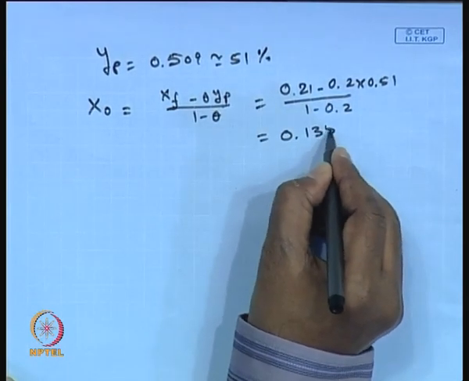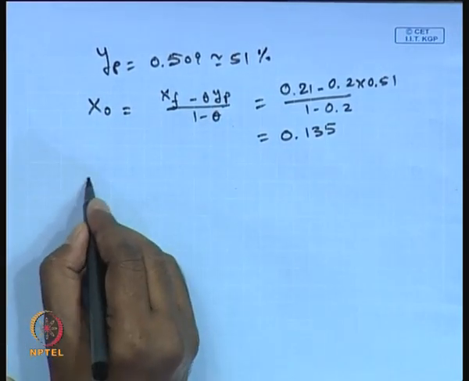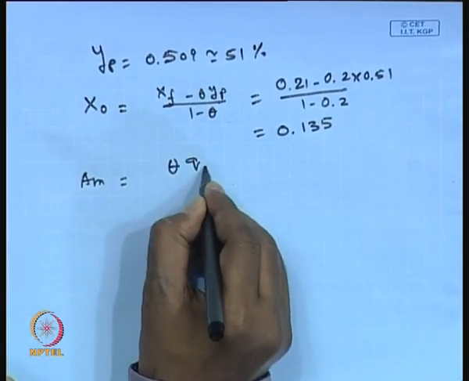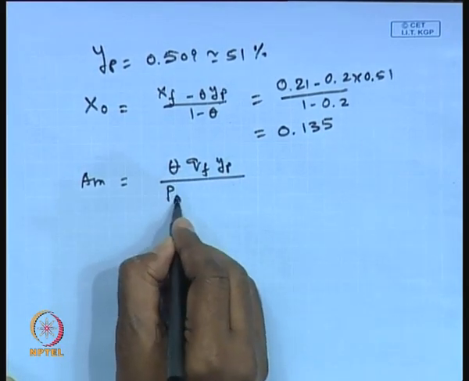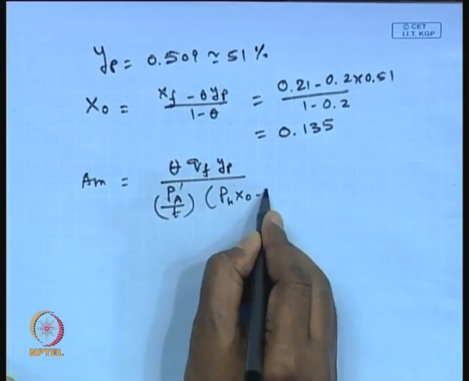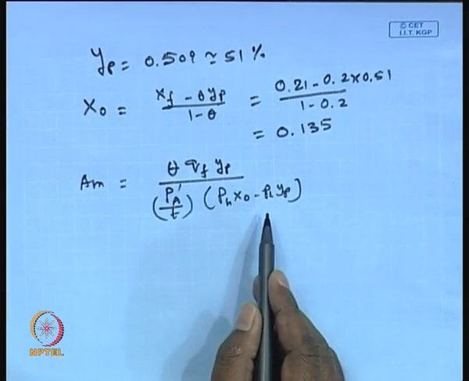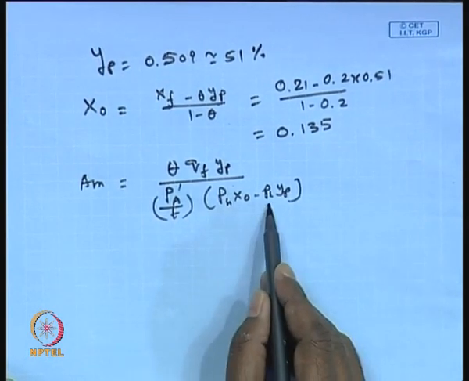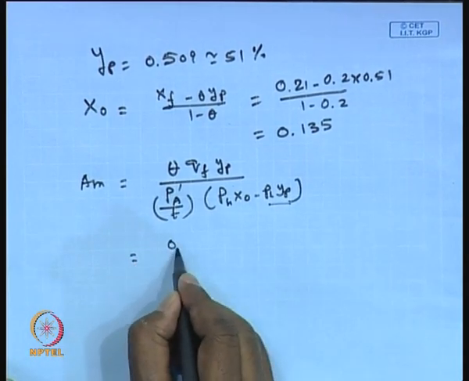Okay. And Am, the membrane area, if you look into the formula, this was theta into Qf multiplied by Yp divided by Pa prime over T, that is the thickness of the membrane, pH times x naught minus PL times Yp. This is the pressure difference across the membrane. This is the partial pressure of oxygen in the feed stream. This term is the partial pressure of oxygen in the permeate stream. If you put the values, theta was 20%.